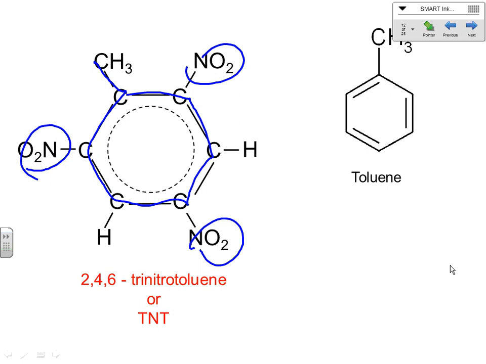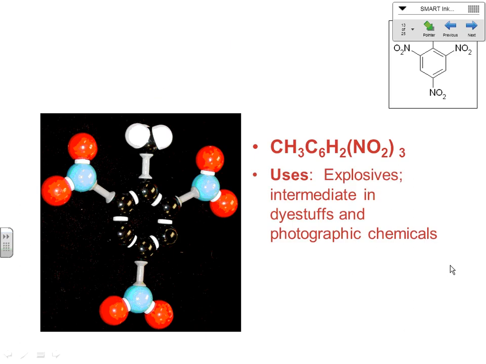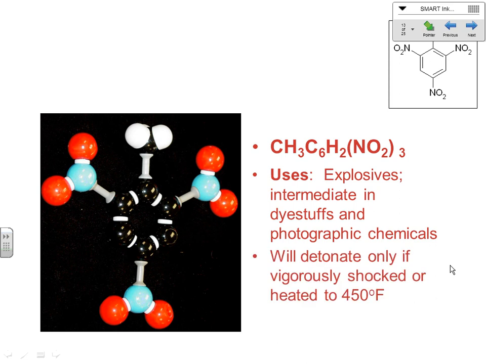So trinitrotoluene, or TNT, an easier way to basically say what this molecule is, another nature of our resonance structure of benzene in a substance. This just happens to be highly, highly unstable. TNT is useful for explosives because it's so incredibly unstable at very high temperatures, so above 450 degrees Fahrenheit, or if you just shock it, so you shake it really hard, in its pure form, it's highly unstable.